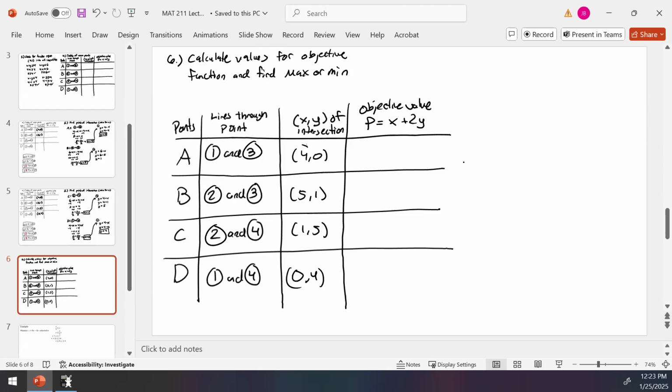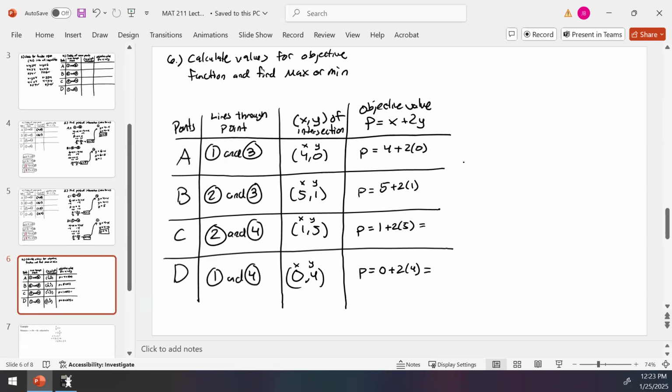So this is the x value, that's the y value, x and y, x and y, x and y. So P is equal to 4 plus 2 times 0. P is equal to 5 plus 2 times 1. P is equal to 1 plus 2 times 5. And then P is equal to 0 plus 2 times 4.